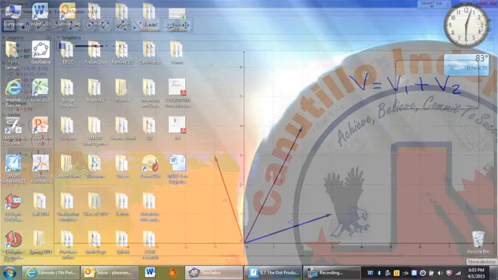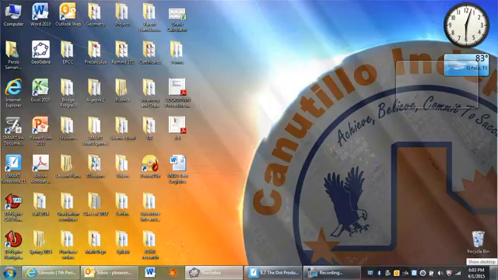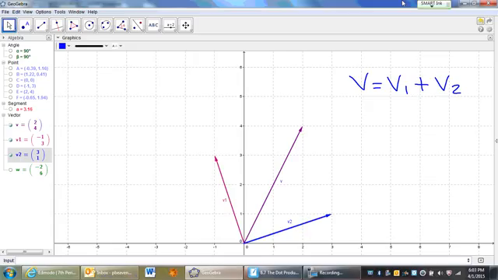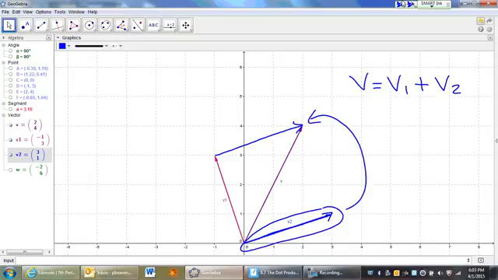What I was trying to show you was how I was going to move this vector from here and position it here, so that you could see how carrying it from here to here gives us a representation of what we talked about yesterday: you get the resultant vector by positioning the terminal point of this vector with the initial point of the other vector.